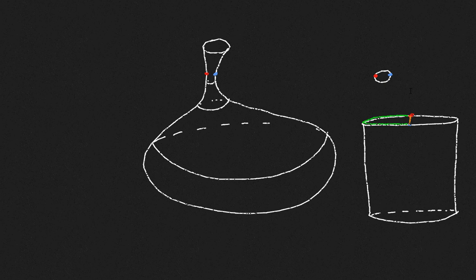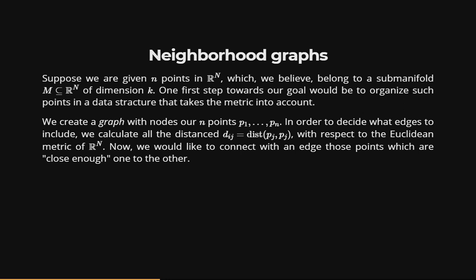Okay? So computing distances in Rn, in the ambient space, is not always the same as computing distances on the manifold. Actually, almost never the same. So that's why we would like to connect with an edge those points which are close enough to one another.